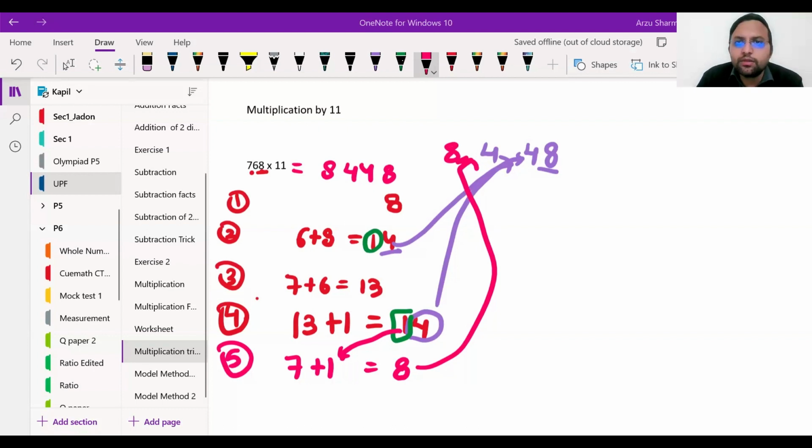Yes, Vihan, correct. But Sujal, your answer was not correct. You can check this: 768 times 11 is 8,448. Now, did you understand, guys? Give me a thumbs up if you did. Okay, Vihan. Okay, Sharanya, I'll explain again. I'll take another example.